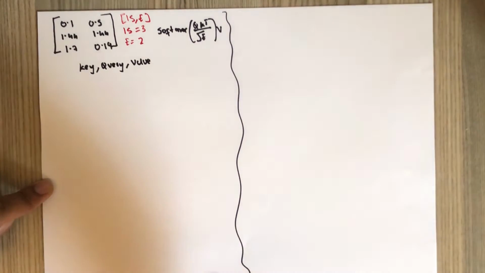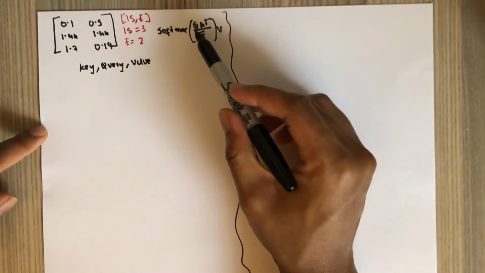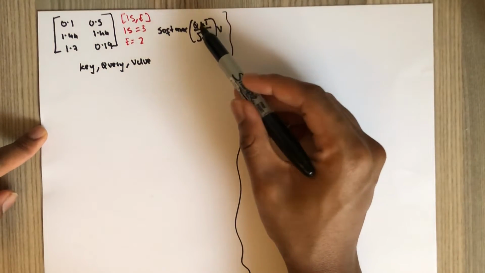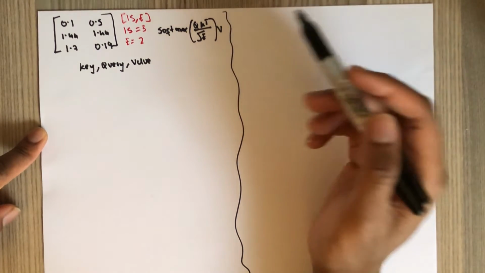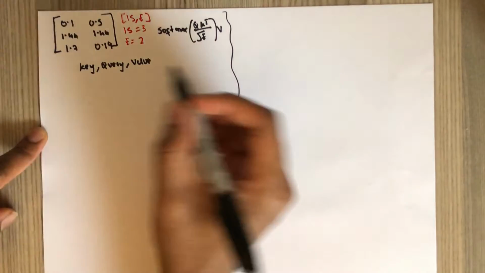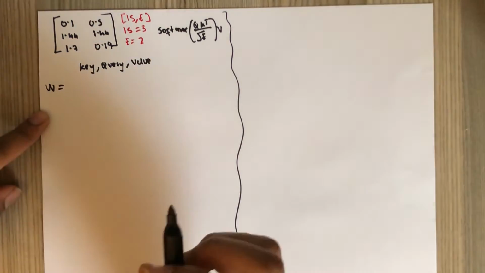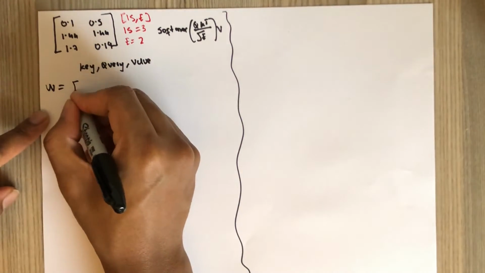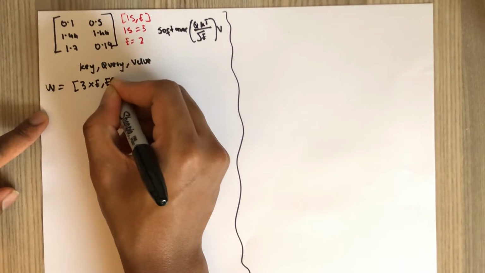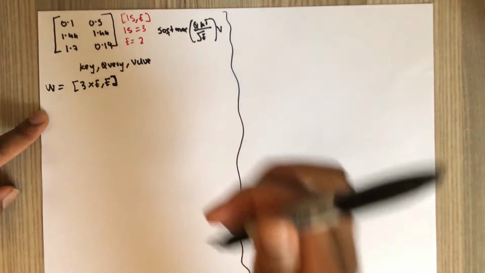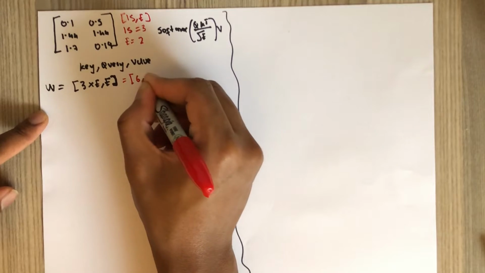Okay, so what happens behind the scenes is, but before that we need to compute the new keys, queries, and values that we can plug into this formula to get the output of the self-attention. So the way it works is, behind the scenes, PyTorch creates this weight matrix of dimension 3 times E by E, and it is 6 by 2.